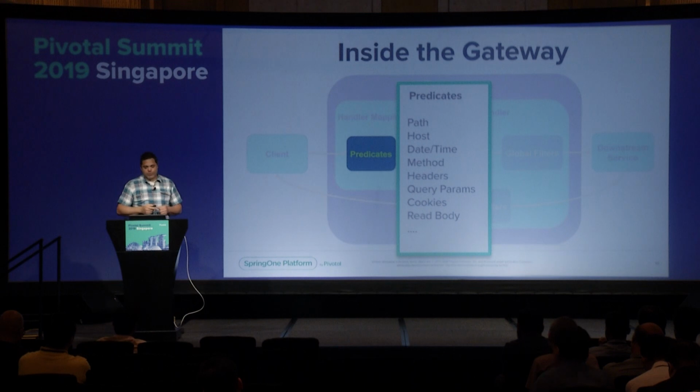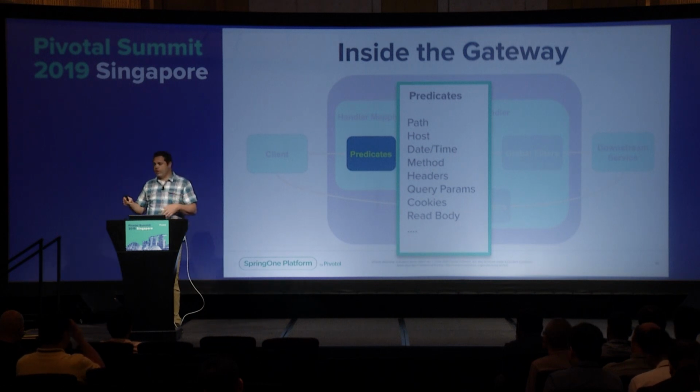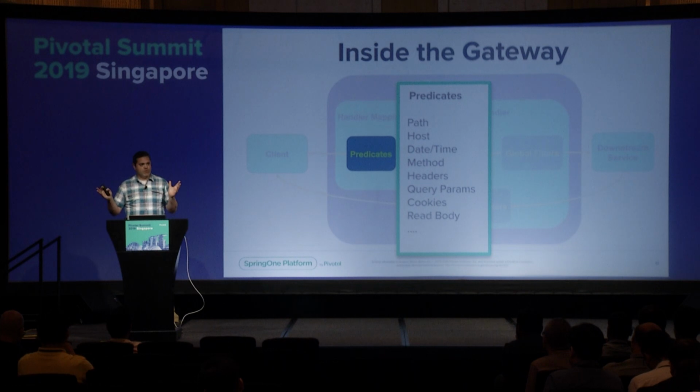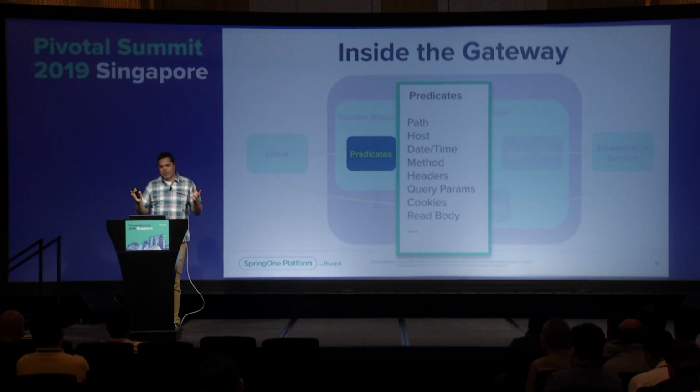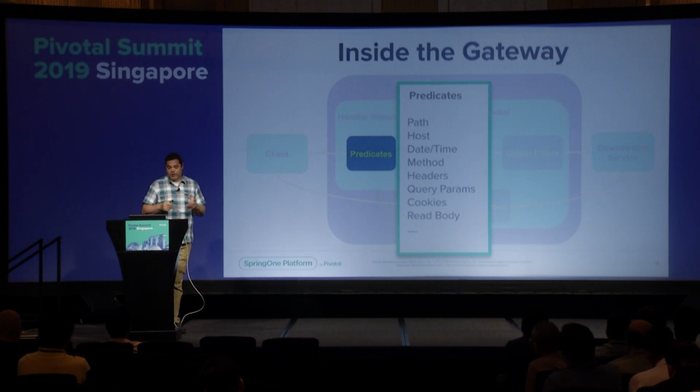So the kinds of things that we can match in the gateway is basically anything in the request. So it could be the path, could be the host name, could be a date or time, which might be useful in putting up an outage notice or something like that. It could be HTTP method, any of the headers, anything that you can match on, including the body. We had requests for it.